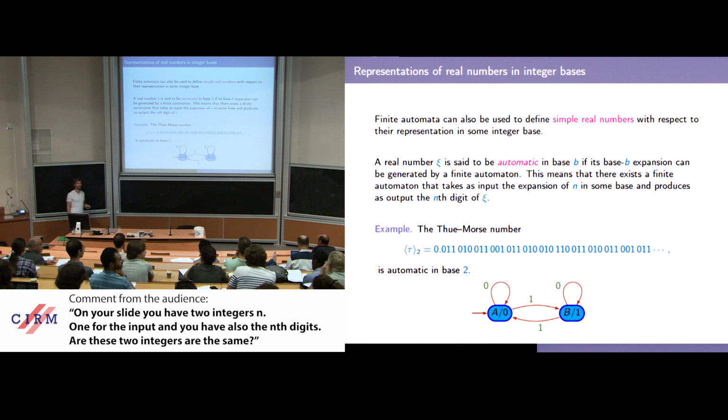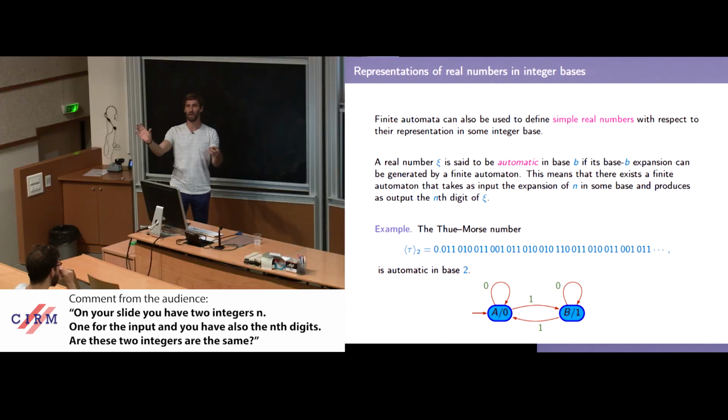Sorry, I'm confused by the n. So the n is not the same n. You have the number n and you have the nth digit. If you want to know what the nth digit is, you feed the machine with n. Oh, it's the same. But the machine, you can feed it with all the natural numbers. So you start with 0, then 1. 0 gives you the first digit, 1 gives you the first digit.